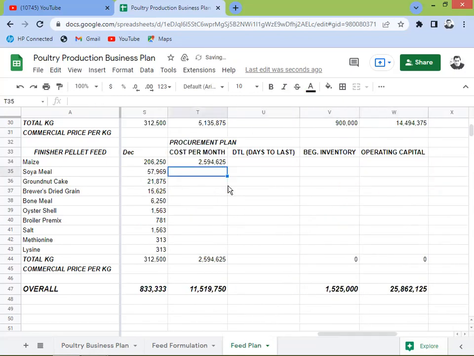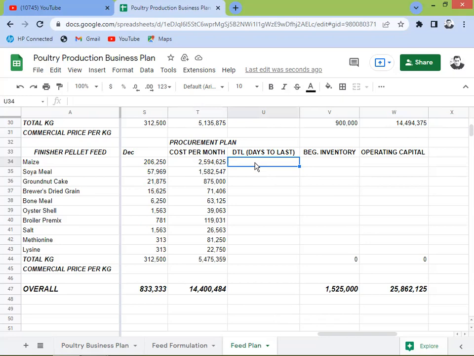Enter. This would be your cost per month for the maize material. Okay. You need 5 million per month, 475,359 rupees as compared to the 5,135,000 for the grower feeds.